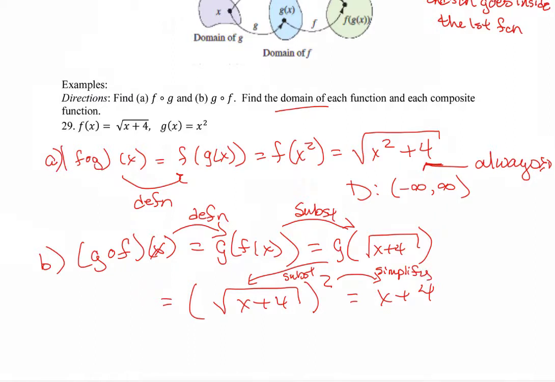Now, if we want to find the domain here, the domain again is going to be all real numbers, because we can put any real number in there and still get a function. Okay?